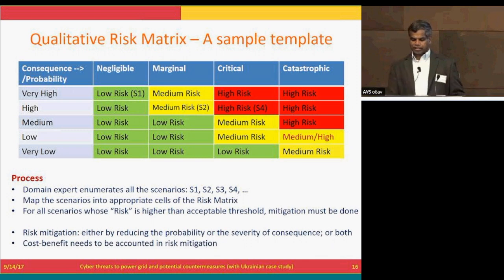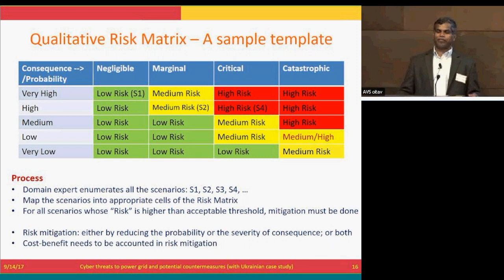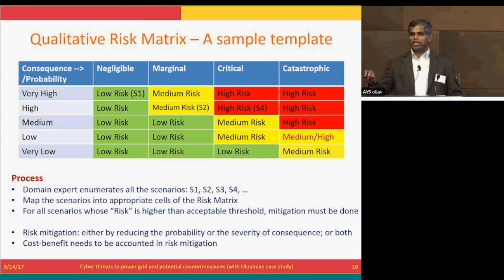Obviously, cyber layer investment is much cheaper than physical layer investment. But if you have surplus capacity or redundant lines somewhere, one could leverage them as part of the risk mitigation process. It doesn't mean that you need to do only cyber or only physical mitigation. One could have a combination of those things also.